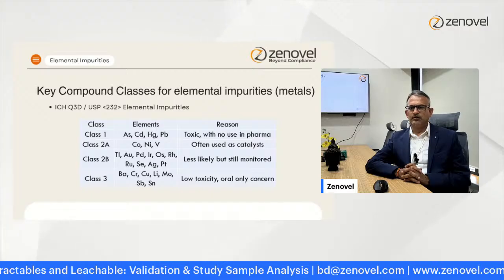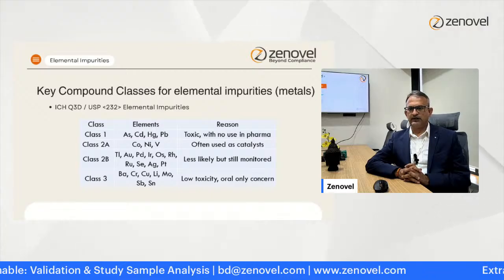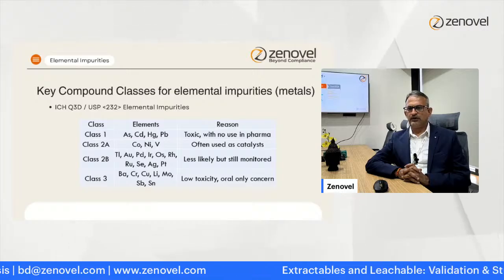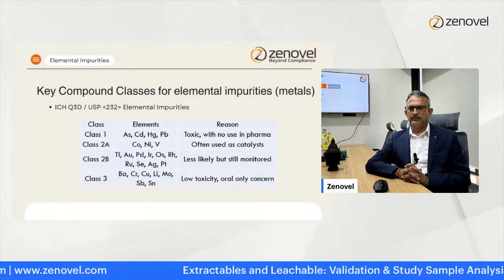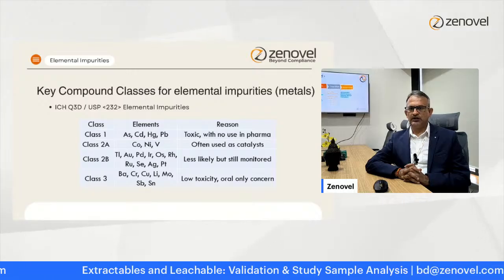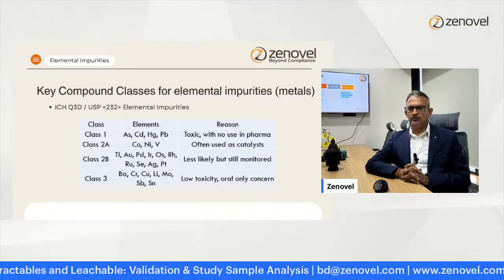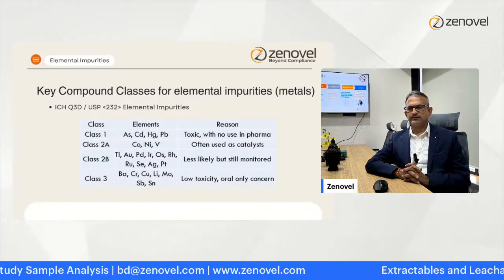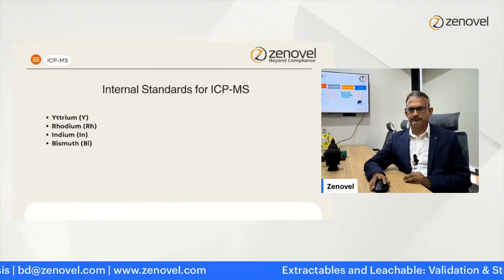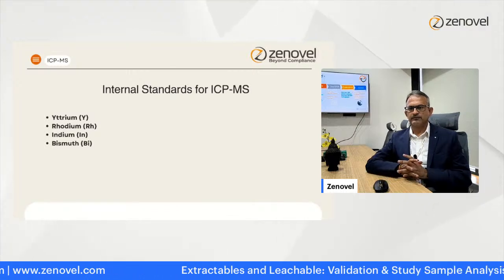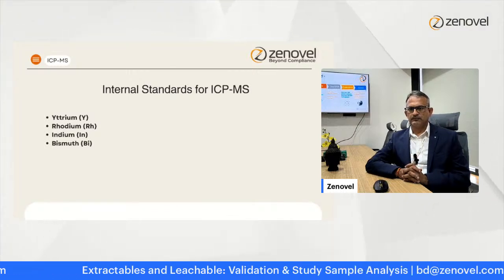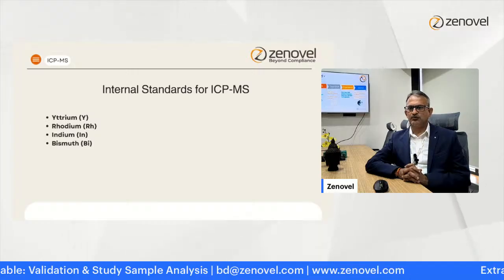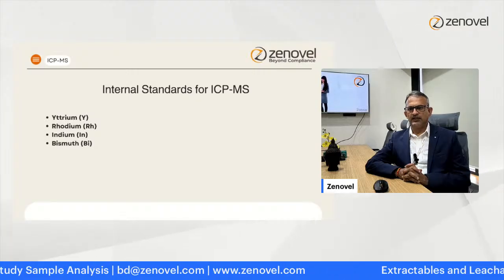Okay, here a tabular format is provided for the class, then the elements and the reason why we have to choose them, and we can also refer to ICH Q3D and USP 232 elemental impurities for the estimation of the leachables. Here a list of internal standards that can be used for ICP-MS has been provided.